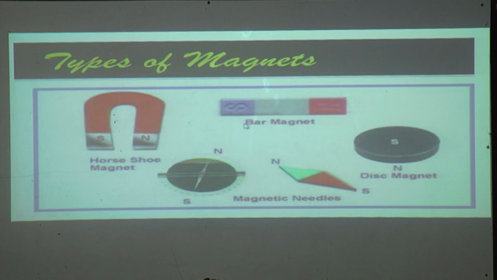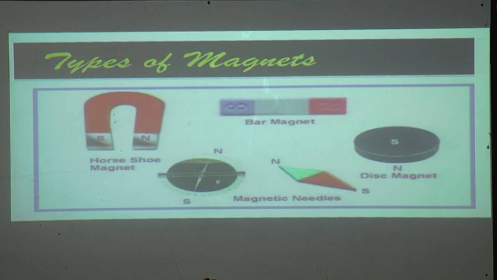Now next, the bar magnet. A magnet which is rectangular in shape is also called a bar magnet. At one end it is a south pole and at the other end it is a north pole. Here you can see a disc-like structure, that is why the name given is disc magnet.